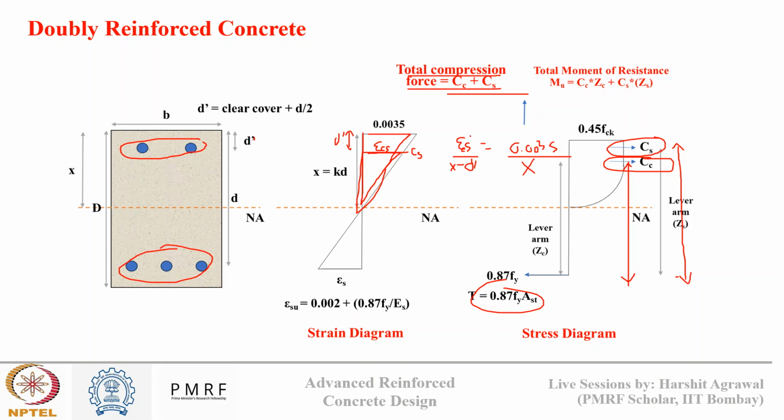So using this relationship I can get the value of epsilon cs also, the strain in steel for known strain in concrete. Right now it is 0.0035, or in general we can write it as epsilon c. So from this we will get the strain in compression steel.